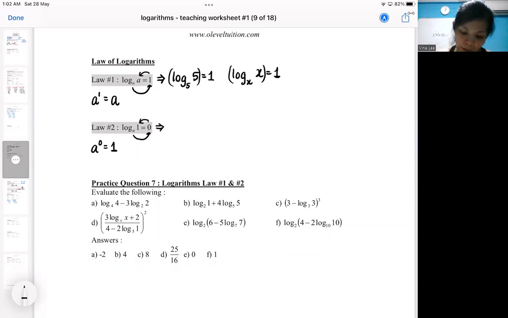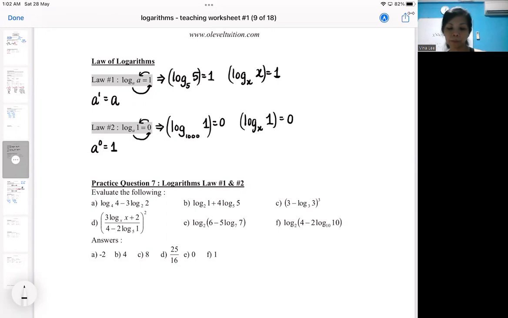The rule is stating that it doesn't matter what your base is, as long as the answer is a 1, the whole thing will be a 0. It doesn't matter how big your base is, or maybe your base is an algebra. But if the answer is a 1, the whole thing is a 0. So that's how we apply this rule.